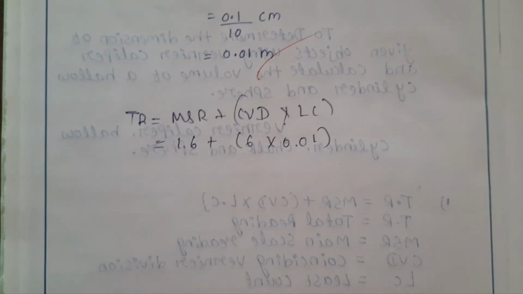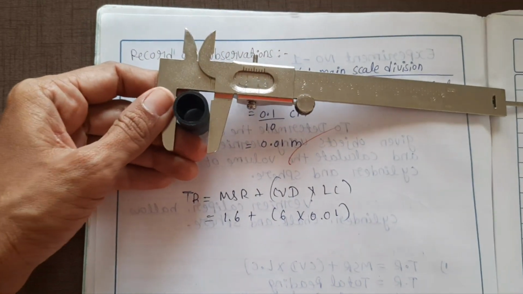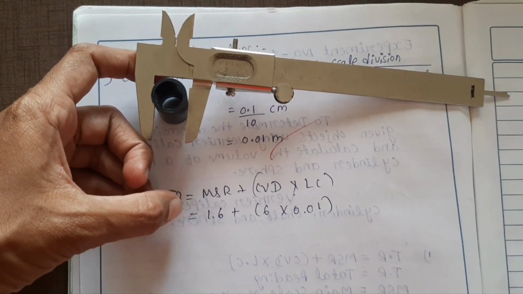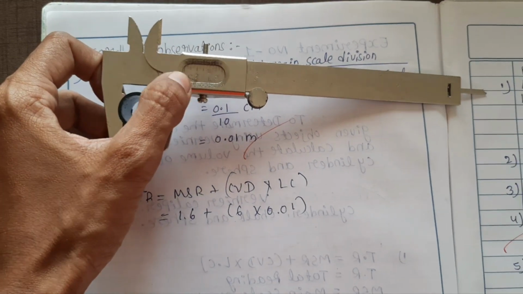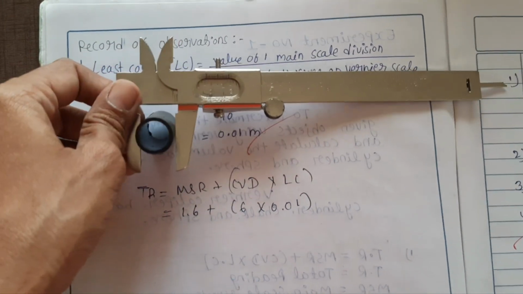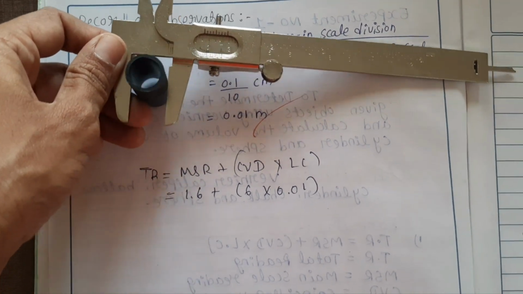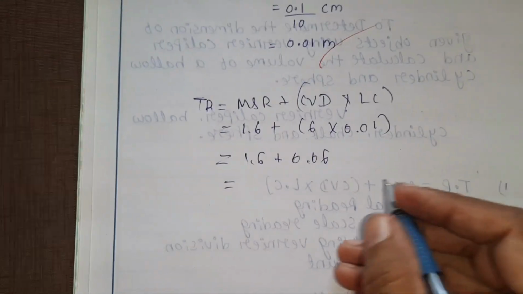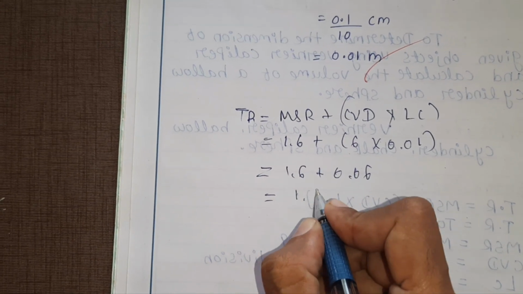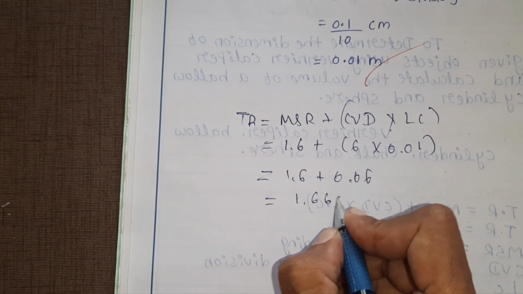For this given material, if you want to measure the diameter, the total reading formula is MSR plus CVD into least count. So 1.6 is the MSR, main scale reading, and CVD 6 we got, then 0.01 is the least count. Then you can do the calculation. So 1.6 plus 0.06 is 1.66 centimeter.